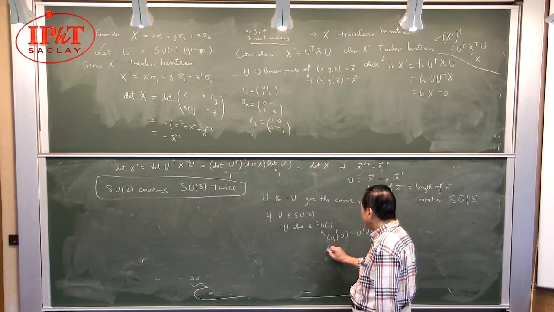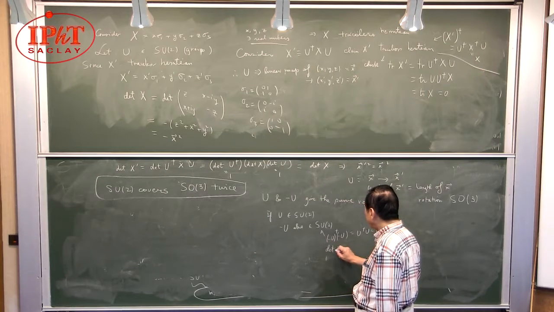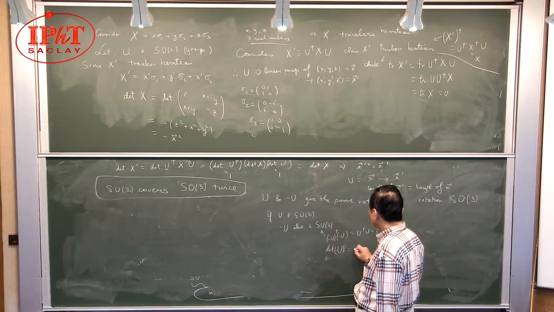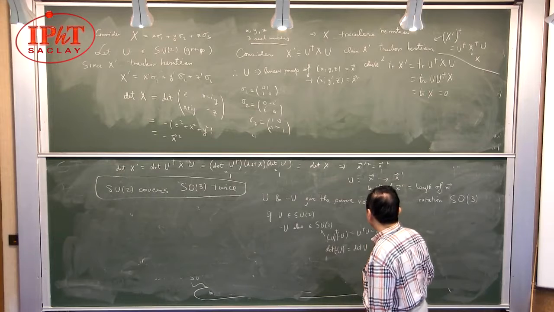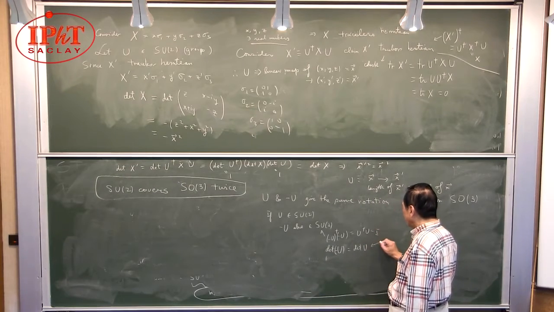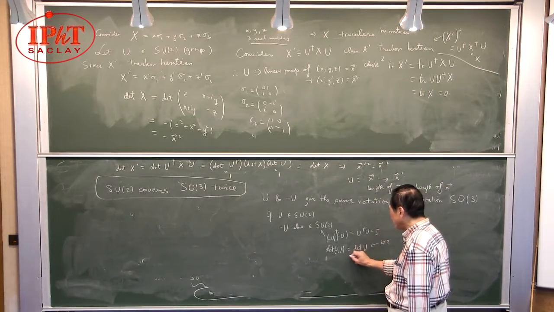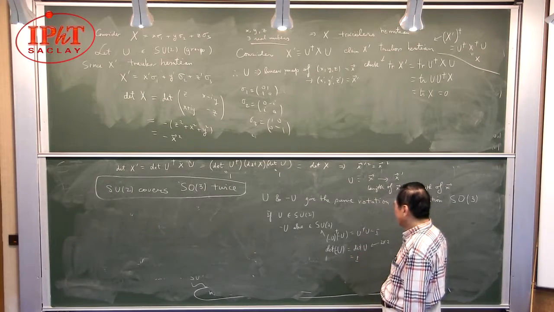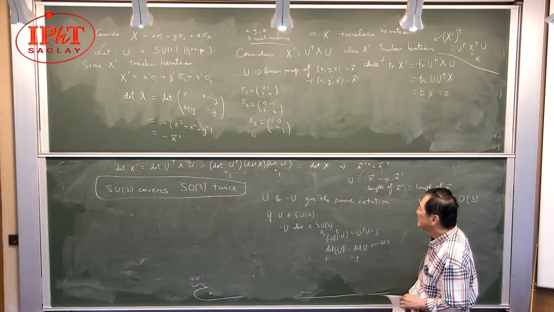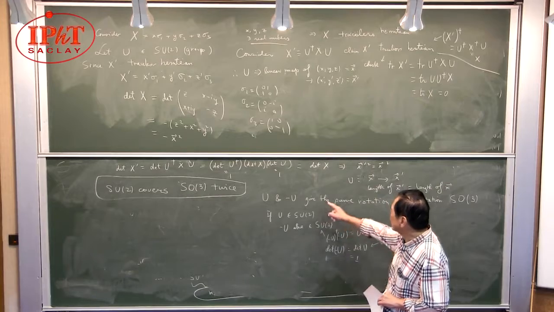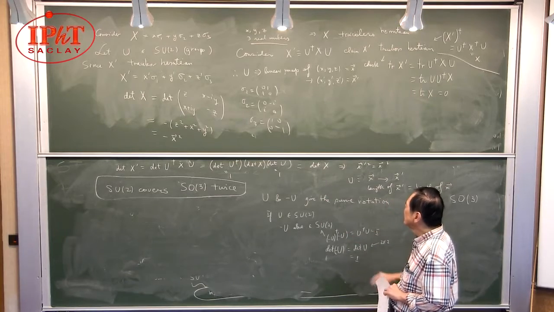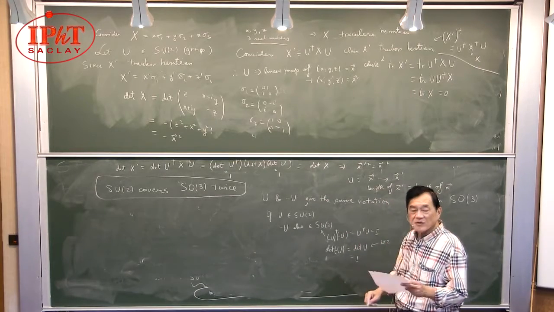And the determinant of minus u is equal to the determinant of u, because u is 2 by 2. But this only works because it's 2 by 2, right? The determinant of u is equal to 1. So if u belongs to SU2, minus u also belongs to SU2. And they give the same rotation.